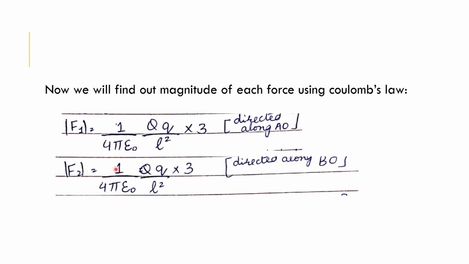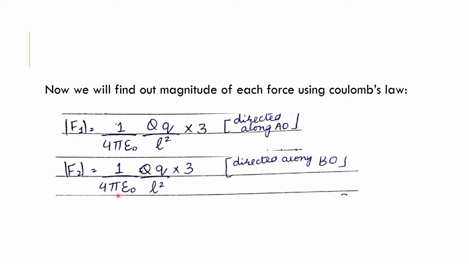Here also we can write 1 by 4 pi epsilon naught Q into Q by L square by 3. Why L square by 3? Because the distance is L by root 3, so the square is L square by 3, and that 3 comes in the numerator.